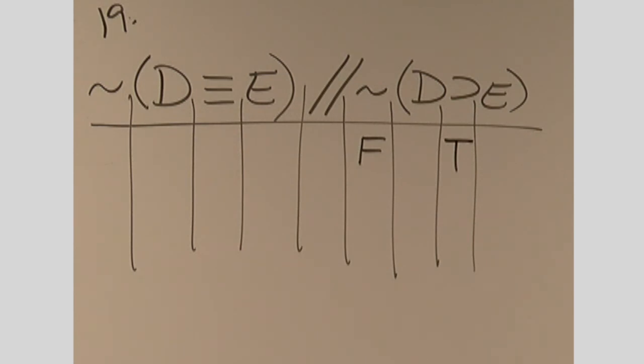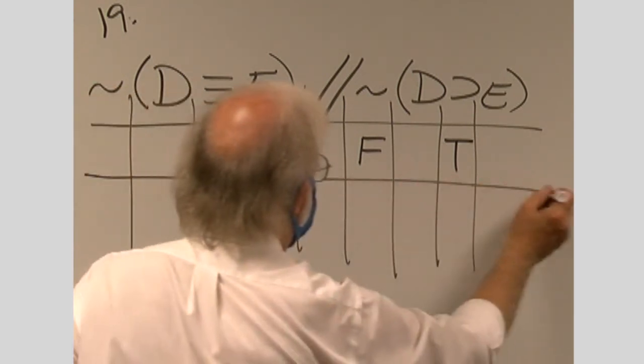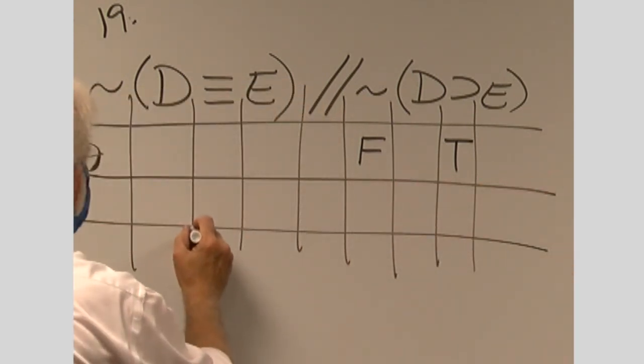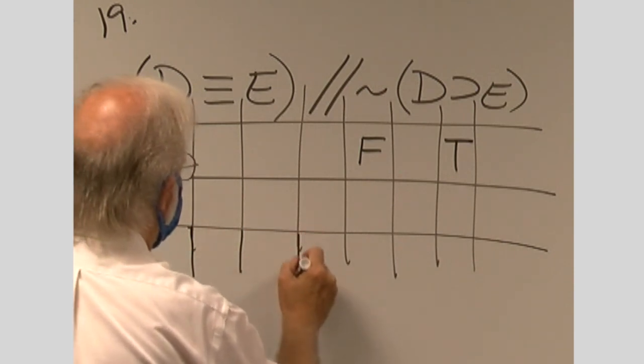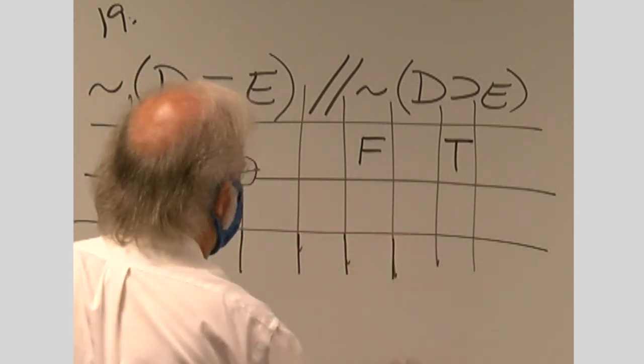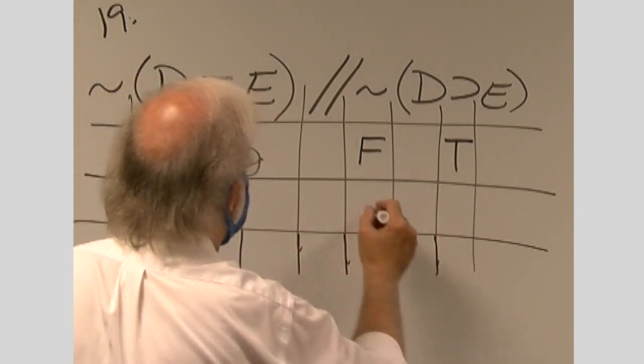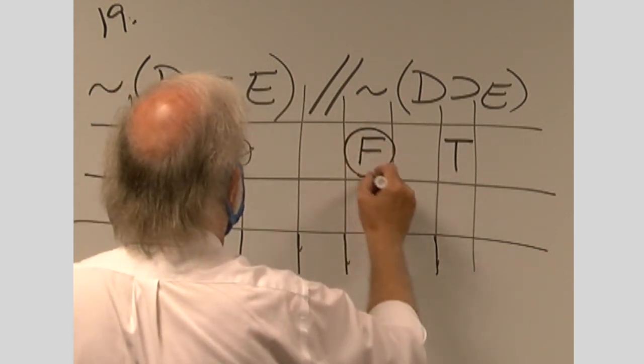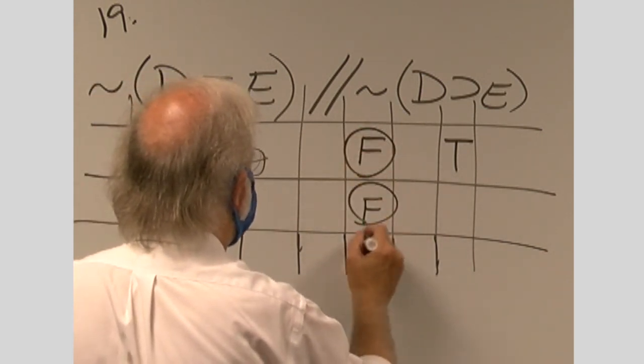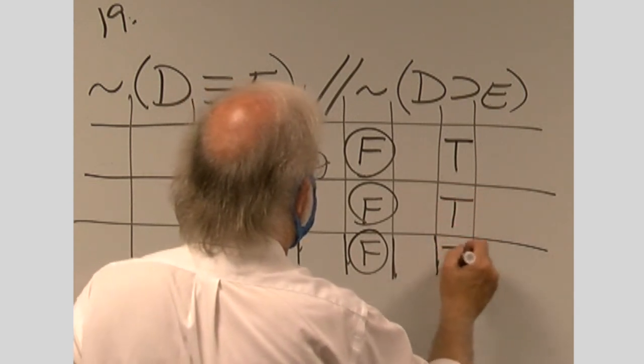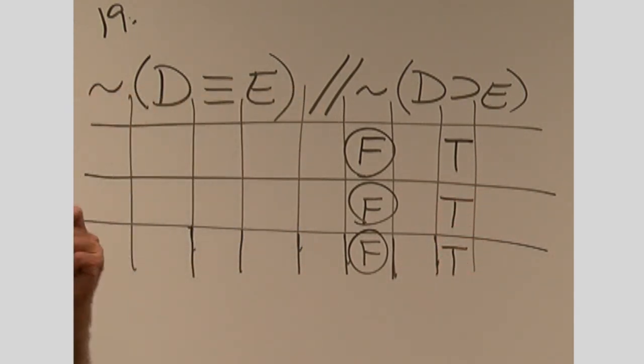Question: how many different ways can a horseshoe be true? Answer: 3 different ways. So we're going to need 3 rows. Hopefully we won't need to use them all, but we're going to create 3 rows with that tilde being false and the horseshoe being true in 3 different ways.